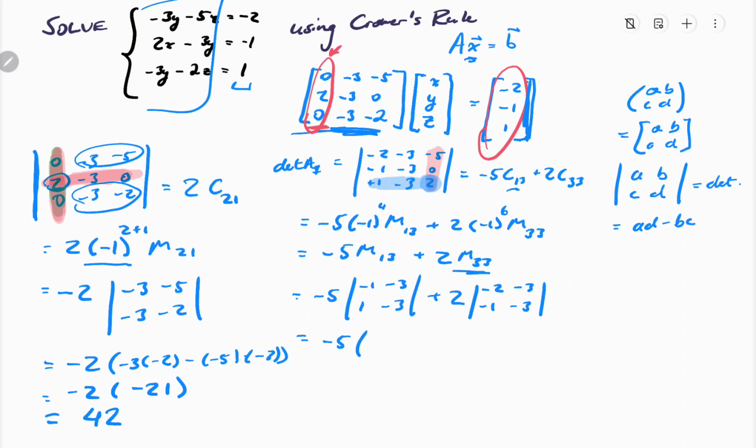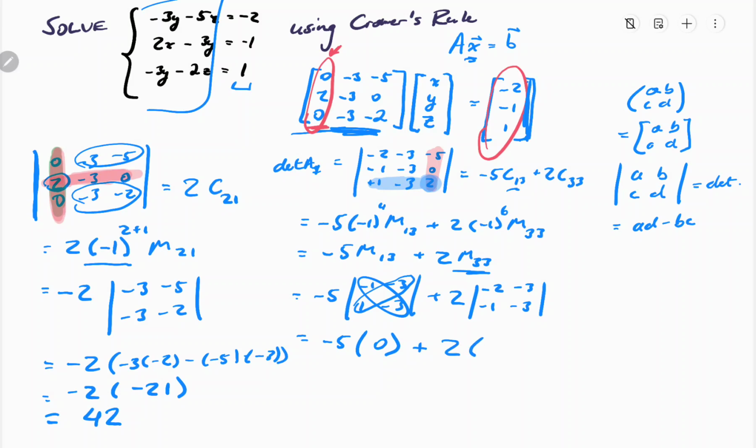So it's these two numbers multiplied together minus these two numbers multiplied together. That gives us -3 times -1, which is 3. And we're going to subtract 3 times 1. So that's 0. Now we have 2 times the determinant here.